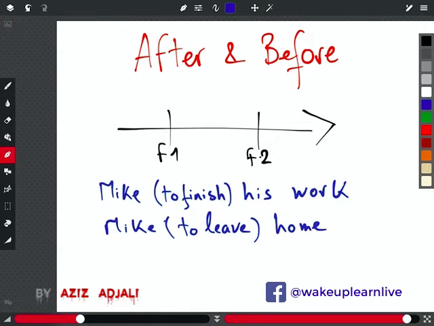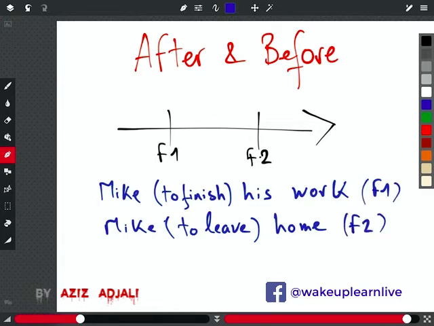Okay, so in here, which one would we attribute to fact number 2, and which one to fact number 1? Normally, to finish the work is number 1, and to leave home is number 2.